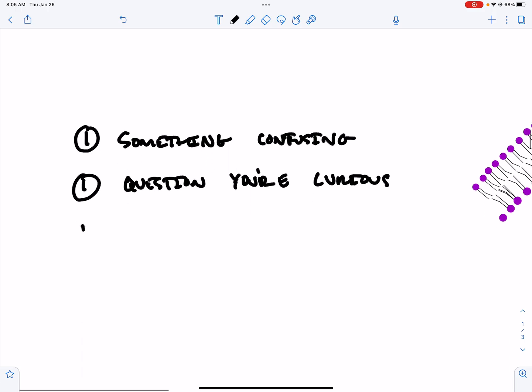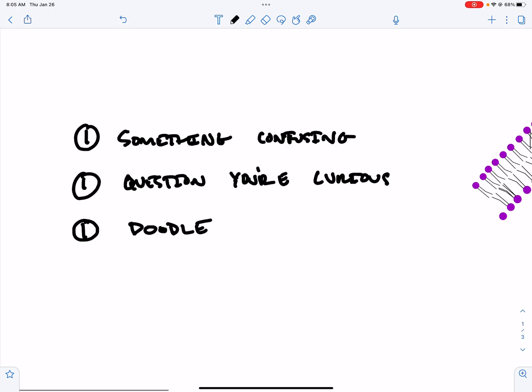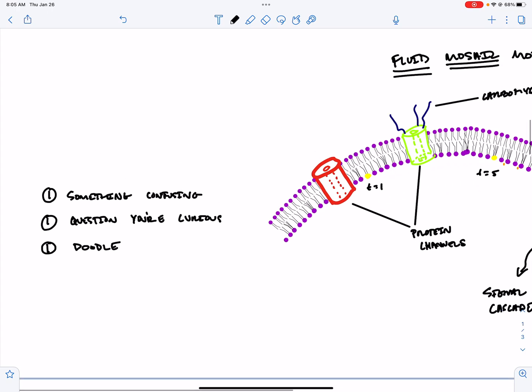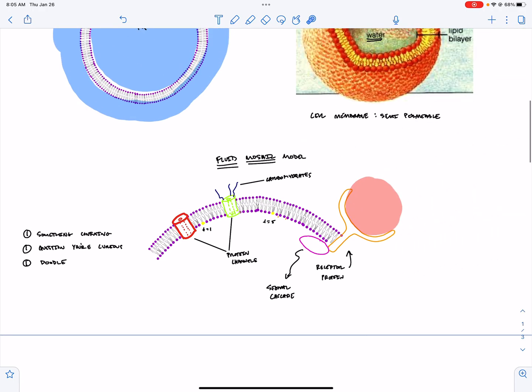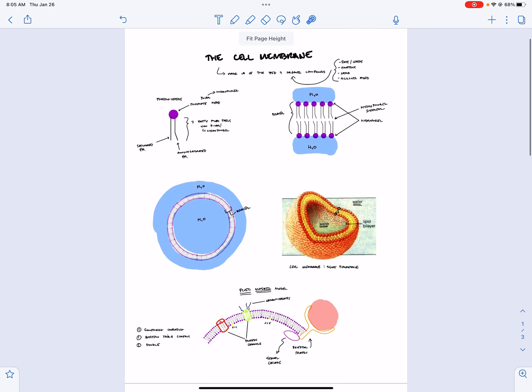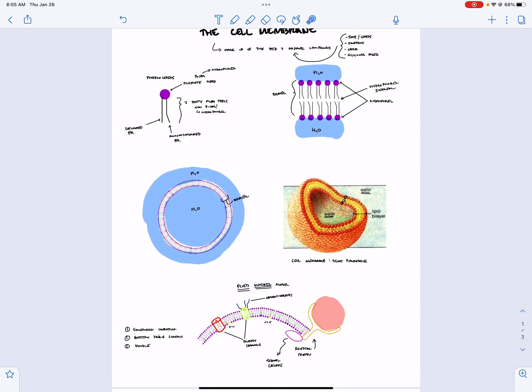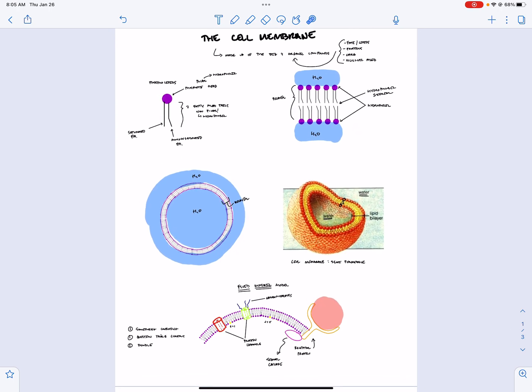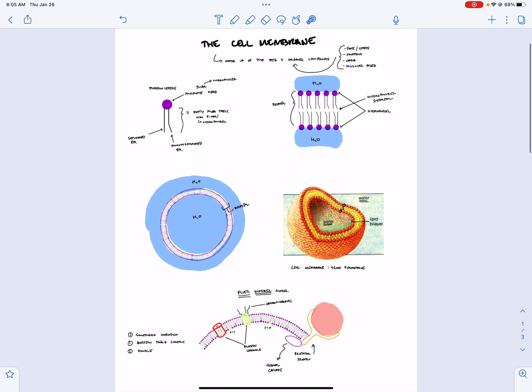And I want you to draw me one doodle that relates to something you learned in the screencast. And then bring these to class with you, and we will talk about them and maybe show them off. Okay, so if you are doing this for the first time, you take a picture of this and you upload it to Schoology, and I'll see you all in class next week on Monday.